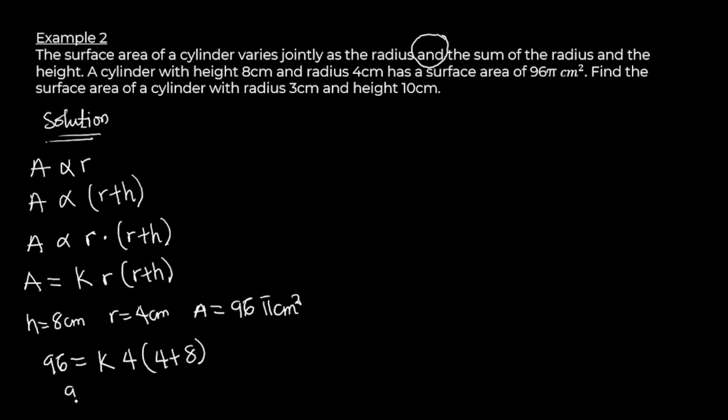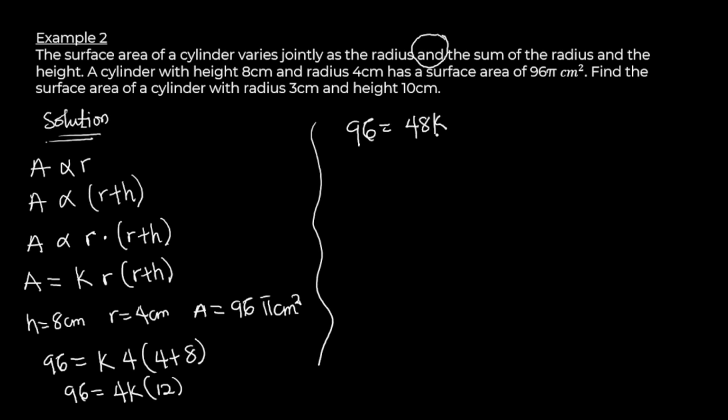This means we have 96 pi equal to 4K into bracket 4 plus 8, which gives 12. And then that 12 multiplied by 4 gives 48. So from here I have 96 pi is equal to 48K.